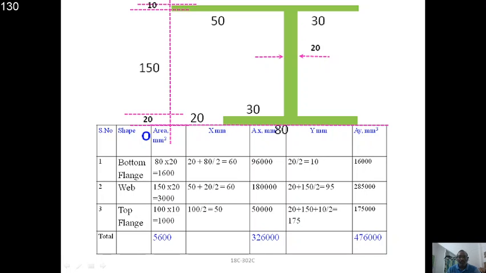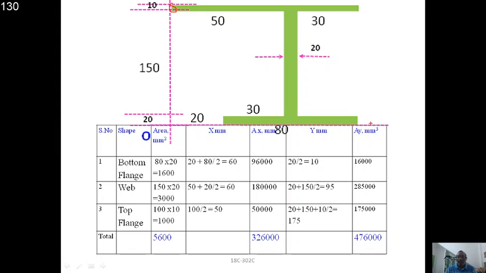Therefore you get the x bar value for the web. For the top flange, it is 100 by 2, because the total flange width is 100 which is aligned with respect to the axis, hence directly you can take half of the distance, right? In this way we calculated x1, x2, x3.